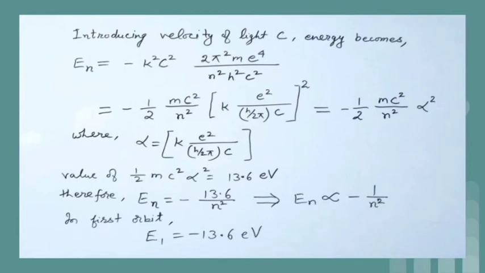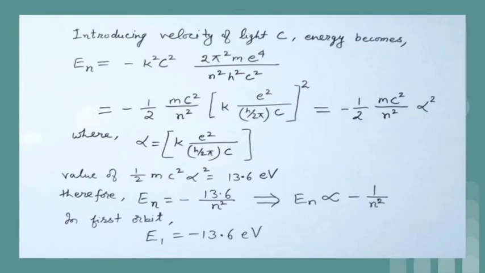Rearranging the terms, it becomes equal to minus 1 by 2 mc square by n square into k into e square by h by 2 pi into c whole square, or En is equal to minus 1 by 2 mc square by n square into alpha square, where alpha is k into e square by h by 2 pi into c, which we have already seen is the fine structure constant. The value of half mc square alpha square is equal to 13.6 electron volt.